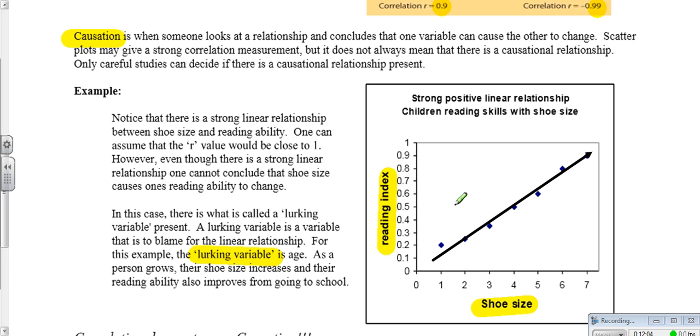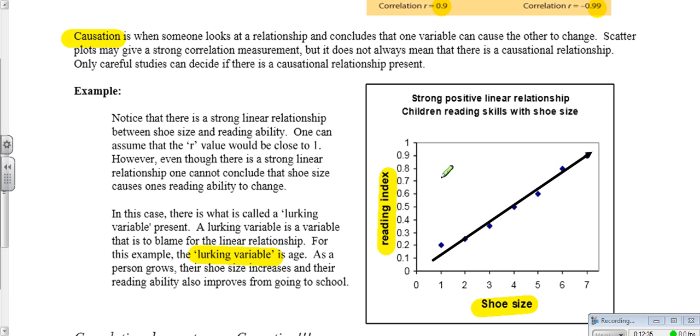You personally will become a better reader as you get older, and along with that your shoe size will grow because you're growing. So it's not the shoe size that caused the reading to improve, it's your age. That's called a lurking variable. So do not always assume that there's a causational relationship when you have a good linear relationship. You always want to look at it carefully to decide if it's the case or not.